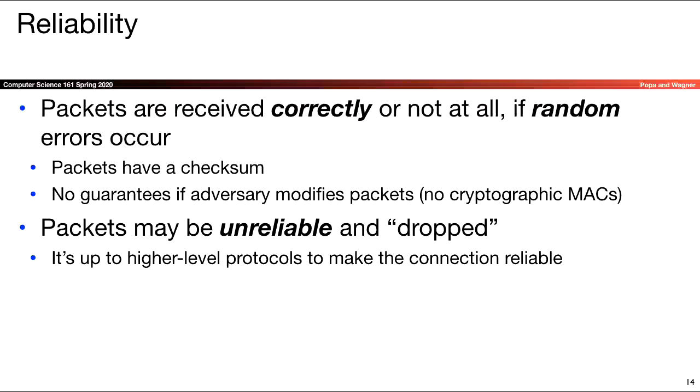Okay, so the protocols provide some mechanism to try to detect those kinds of random errors. And then if an error happens, then the packet is just lost. So there's no guarantee. If you send a packet through the network, there's no guarantee it'll actually get there. This is called best effort, or maybe it'll get there, maybe not.